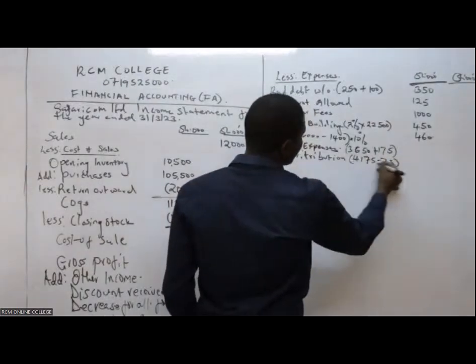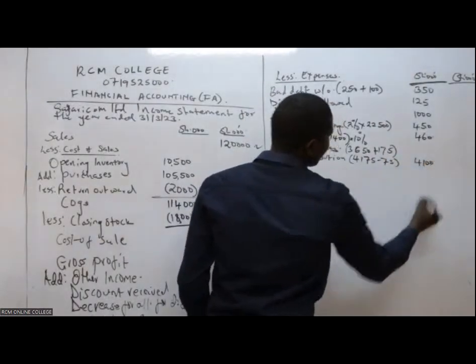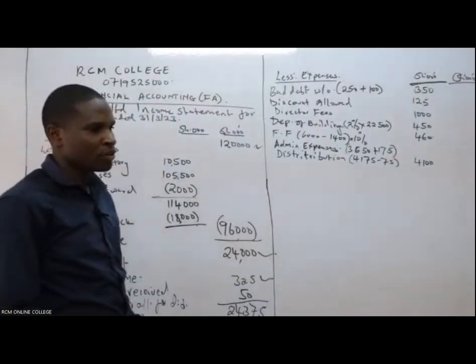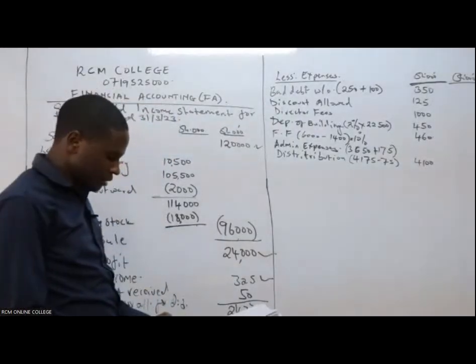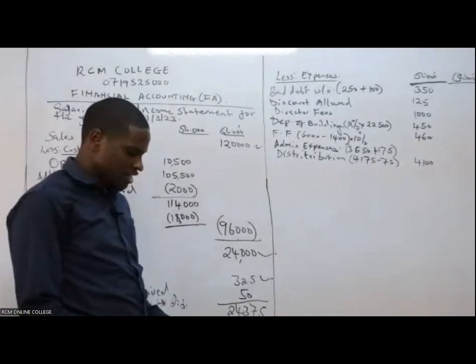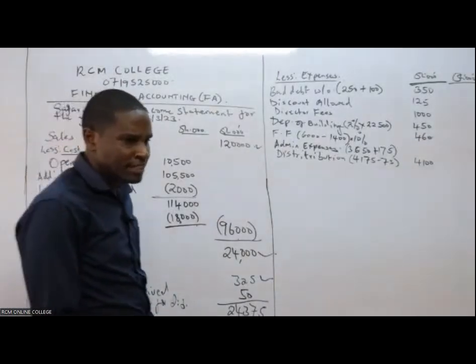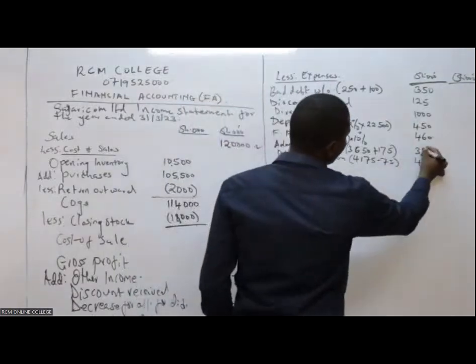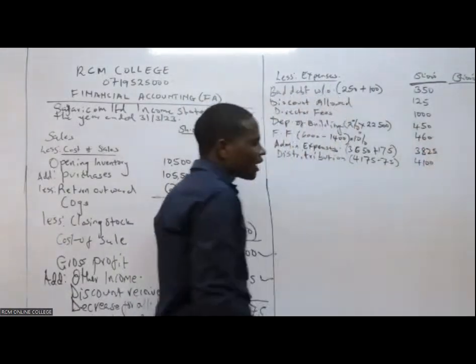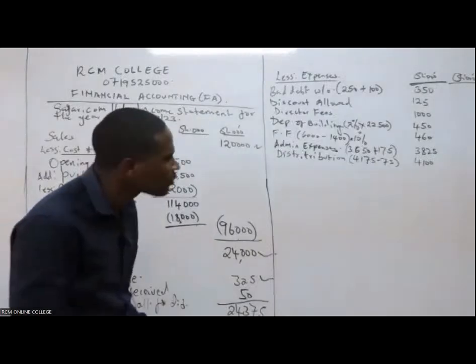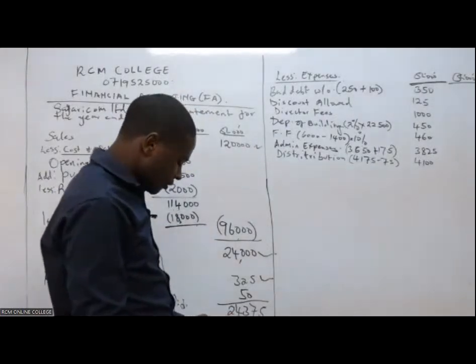That is easy. It will be 4100. So give me that of admin so that you are able to finish this. Admin is 3825. Taka tuende kwa balance sheet. You cannot leave that undone.